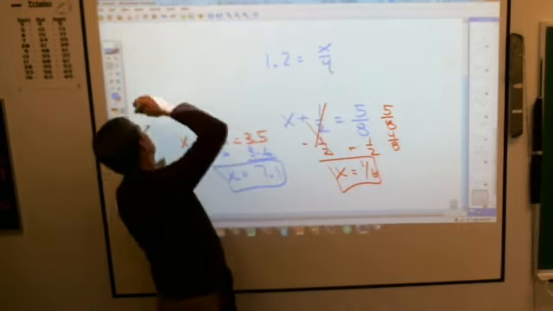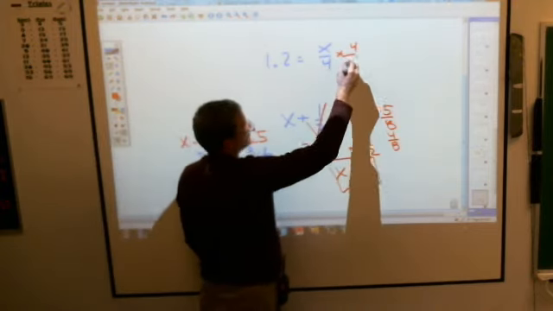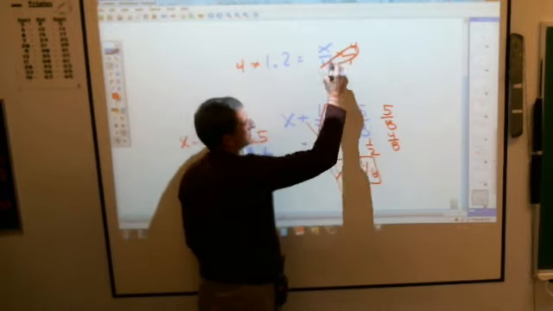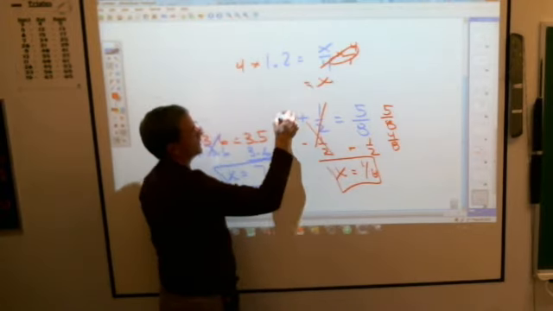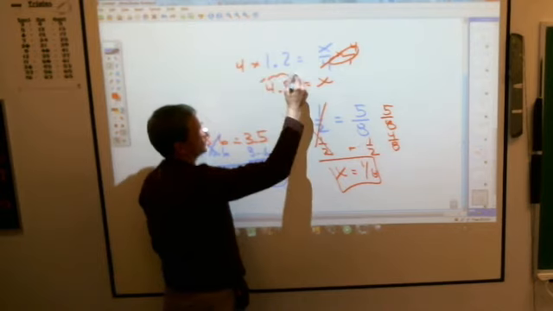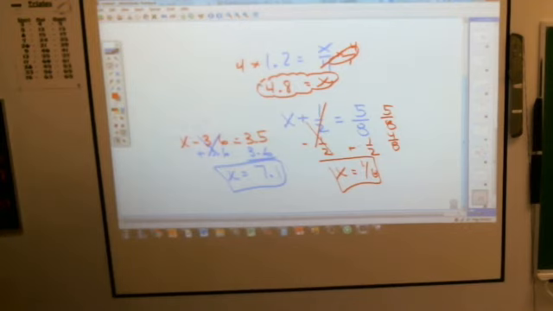So to solve it, I'm going to multiply by 4. Multiply by 4. The 4's cross off. I'm left with just my x. X is going to equal 4.8, right? Am I right? Am I right or am I right? I am right. I don't know if they give you any harder ones than that.